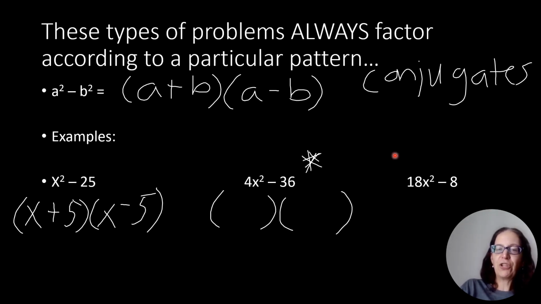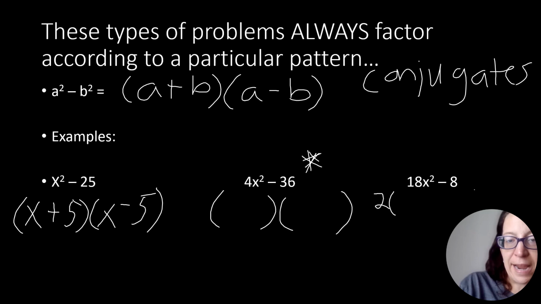So what we should do is look for that GCF. And I notice that 18 and 8 are both even, which means that I can factor out a 2. And then I ask myself, okay, 2 times what gives me 18? That would be 9, and then we have the x squared, and then 2 times what gives me 8? That would be the 4.